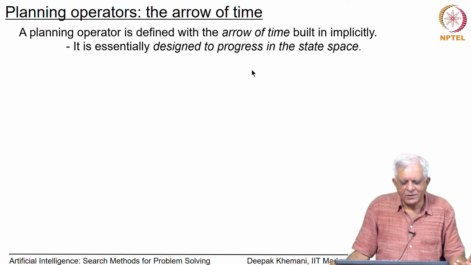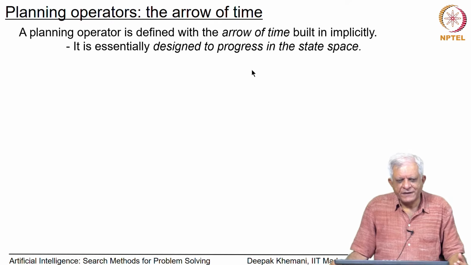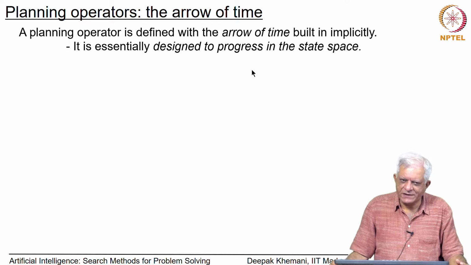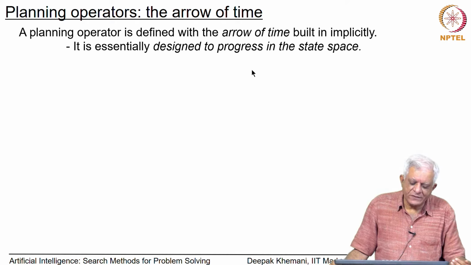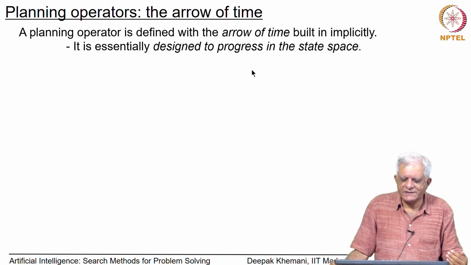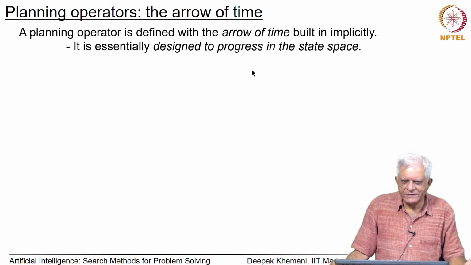So, what does a planning operator look like? It has a set of preconditions, and the preconditions must be true in the state in which you want to apply the operator. And then it defines what will be the new state if you apply the operator. So, in some sense you are going from the previous state to the next state. So, the sense of direction is already there in the planning operator.